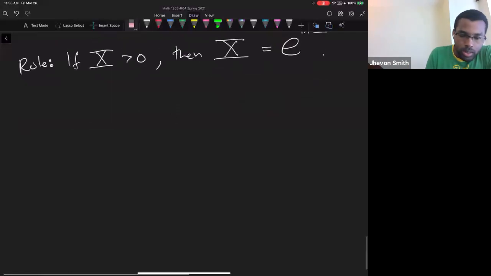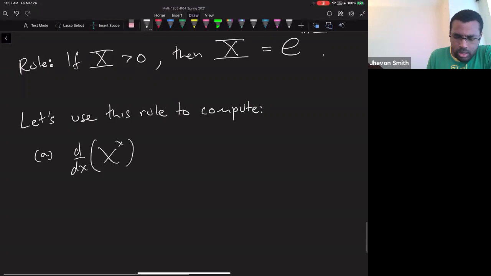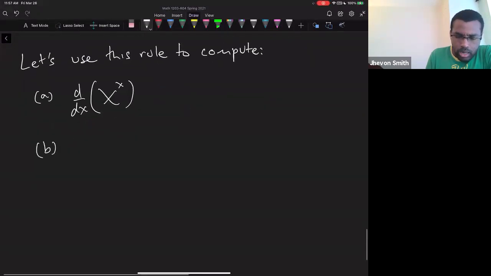So let's use this rule to compute A, let's go back to this guy, x to the x, and B, the guy we just did, e to the x squared plus x to the x squared.